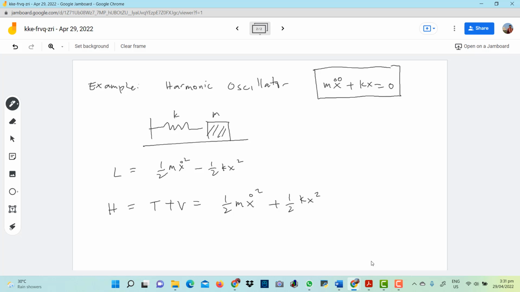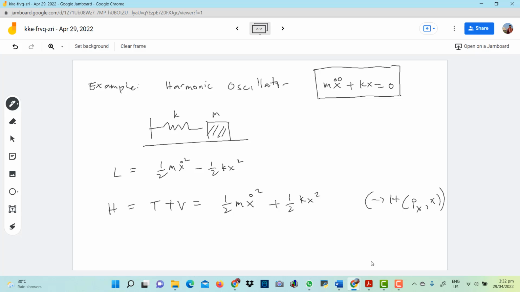But we have to take note, H must be a function of the momentum, which I call px, and the position x. Take note, this is only a one-dimensional harmonic oscillator, so there is only one momentum, the momentum along x.